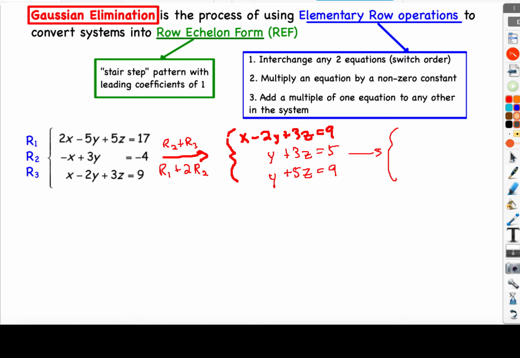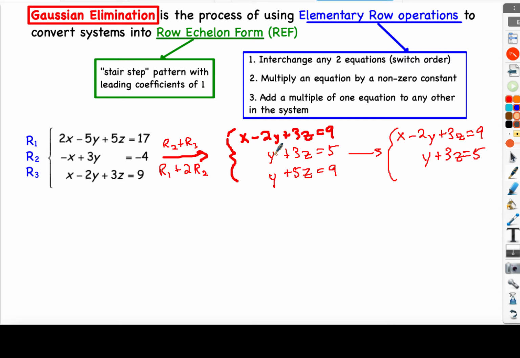Again, I like our first equation, so I'm going to keep that. So we just rewrite that very quickly. I like our second equation, so again, I'm not going to lose that one. But what I want to do is get rid of the y that's right here, so we can solve for z.